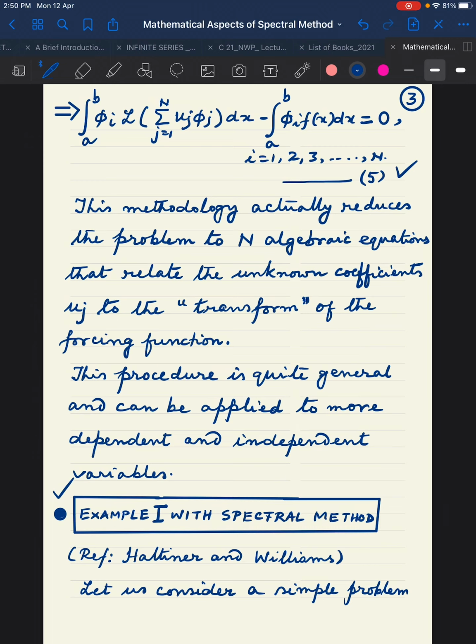You can go through the book written by Haltiner and Williams, Numerical Weather Prediction. There you will get a detailed discussion of this method. If you are interested, you can go through that. But we will just discuss, I repeat, the simple mathematics involved in the method.